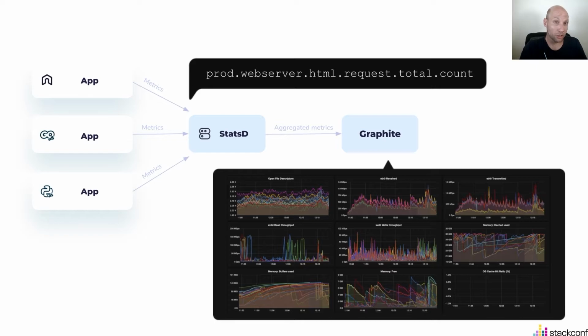Secondly, the hierarchy notation, and in general, the way that we interact with the metrics and query the metrics is based on the hierarchy notation. Each dimension of our metric is a part of a hierarchy, and also that a lot of our applications was based on homegrown code, which meant that it was easier to instrument and control the way that it exposed metrics.